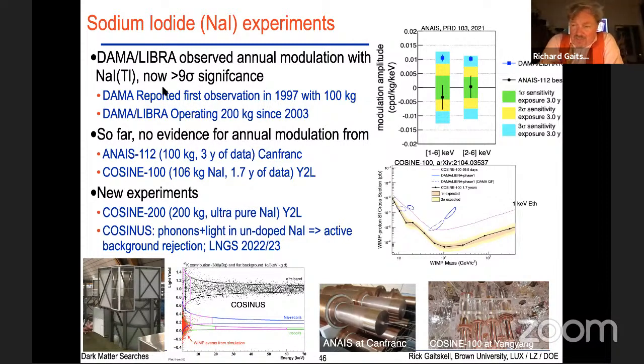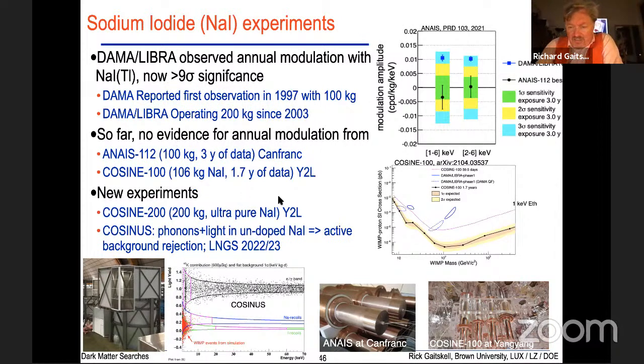I think the thing critically to understand is that both the Yangyang lab experiment COSINE-100 and also the Canfranc ANAIS-112 experiment have both operated for multiple years, and neither experiment is seeing anything consistent with annual modulation.